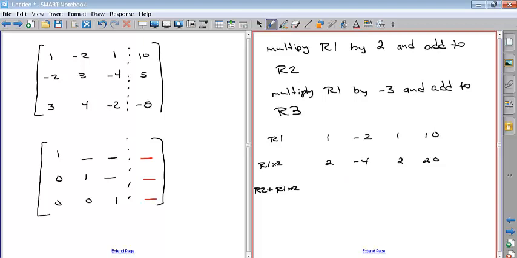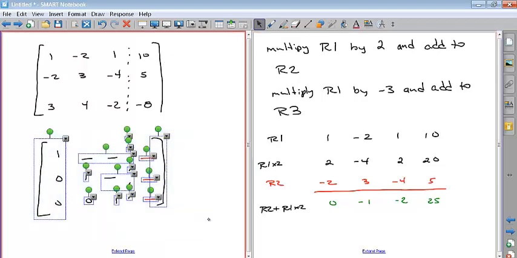Let's write in row 2 here, which is negative 2, 3, negative 4, 5. We add these two together, and what you get is 0, negative 1, negative 2, 25. We're going to substitute that for this row at some point, but not yet.